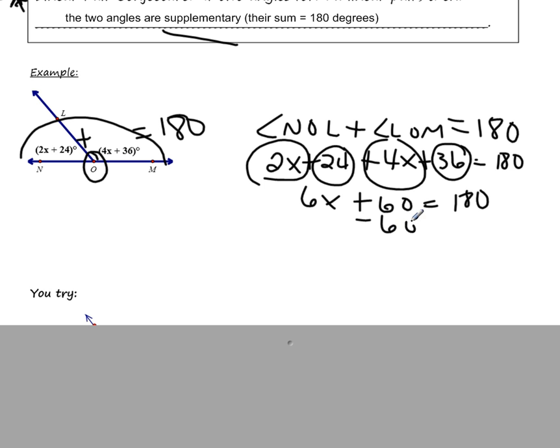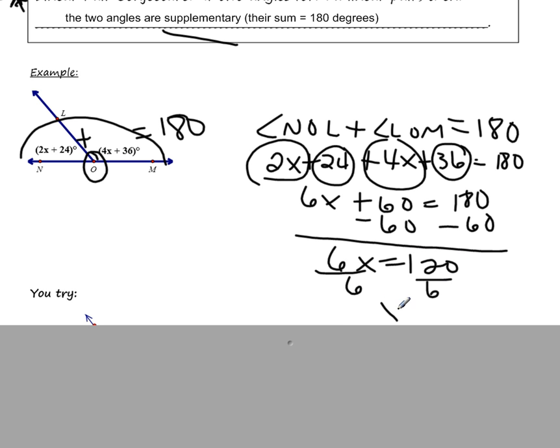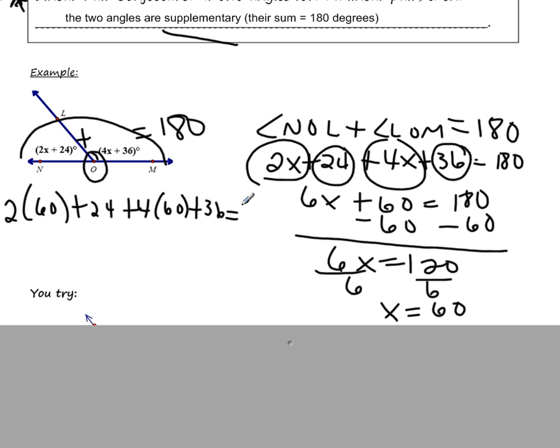Subtract 60 from both sides. 6x equals 120. Divide by 6. X equals 60. So always check to make sure that that does in fact equal 180 degrees. So plug your x back in. 2 times 60 plus 24 plus 4 times 60 plus 36. I'm just going to plug and chug that into my calculator.